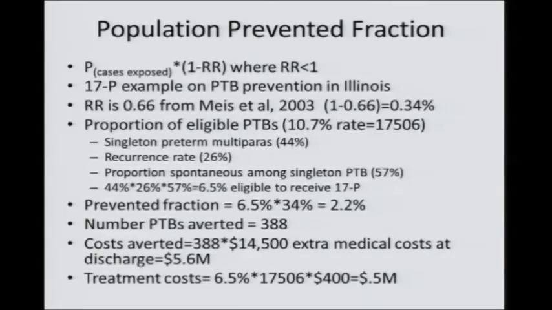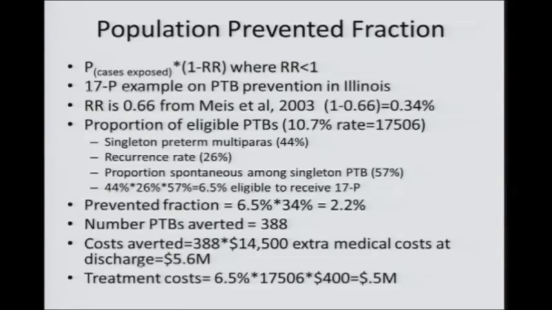So then you just have to figure out the proportion that are eligible to receive that treatment. There's a 10.7% preterm birth rate in the state. And those that are eligible are those who've had a previous spontaneous preterm birth. So you can take the proportion of preterm births that are singleton, multiparous, multiply that by who've had a child previously, multiply that by a recurrence rate, and you can get these estimates.